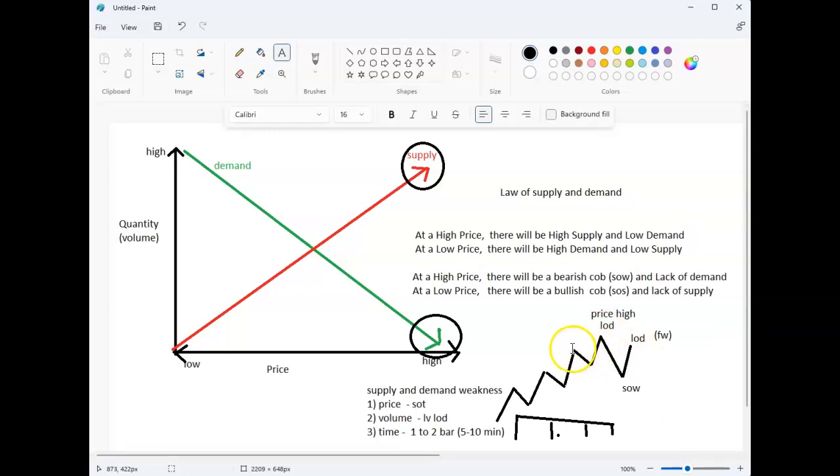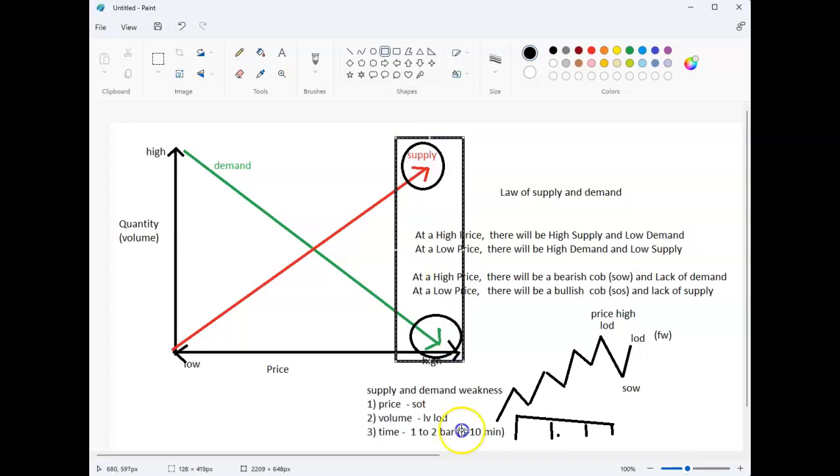From a perspective of volume and quantity, there was low volume, which is your lack of demand, and that means that demand decreased, and there was an increase in supply, which is your sign of weakness, or your change of behavior, or I think they call it change of character, but the point is that supply is now turning the market.